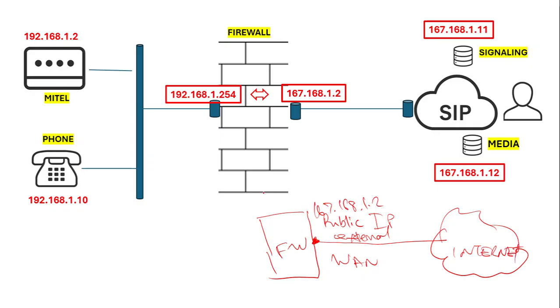And then here we've got our LAN, where our devices or users reside. This is where we are going to have our computers, our telephones, our Mitel MiVoice Business on the LAN here.